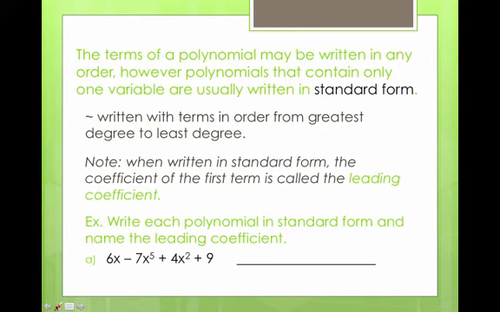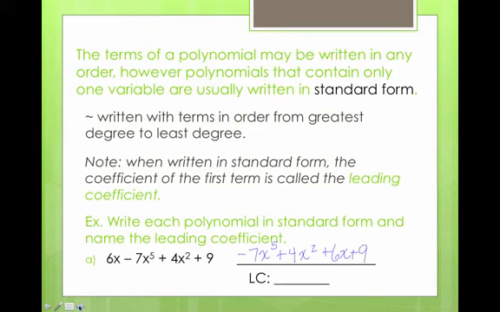Here's our example. Notice I've got 4 terms in this polynomial. This one's the highest, so that one's going to go first. Negative 7x to the 5th. Next highest is going to be my x squared term. Then I've got a straight up x term, and finally my constant.